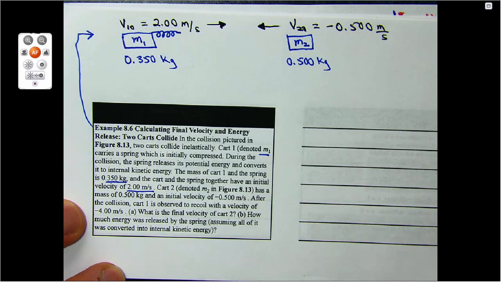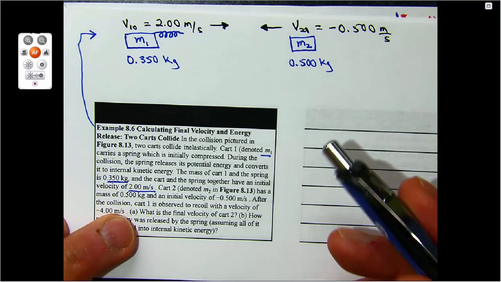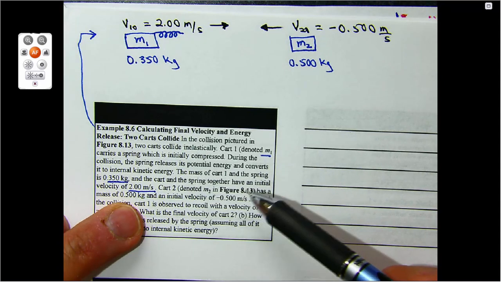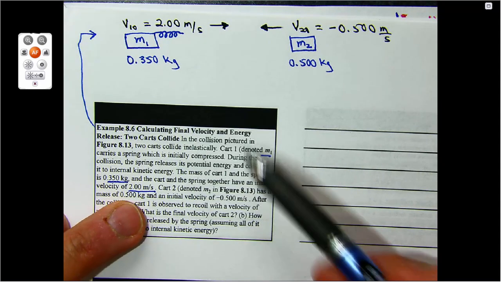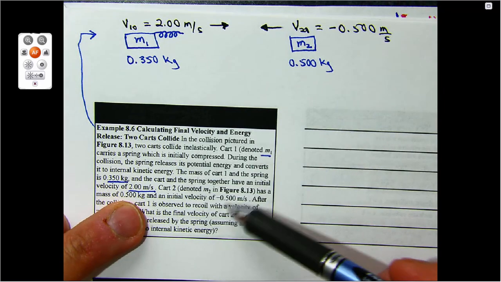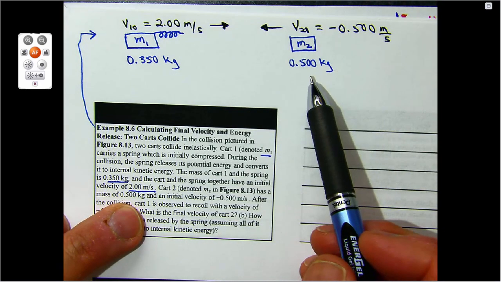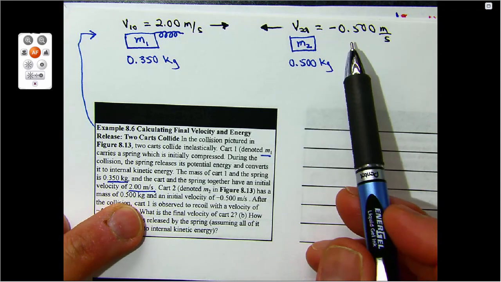Then, let's see what we've got. So cart 2 is M2, has a mass of 0.5, and its initial velocity is negative 0.5.